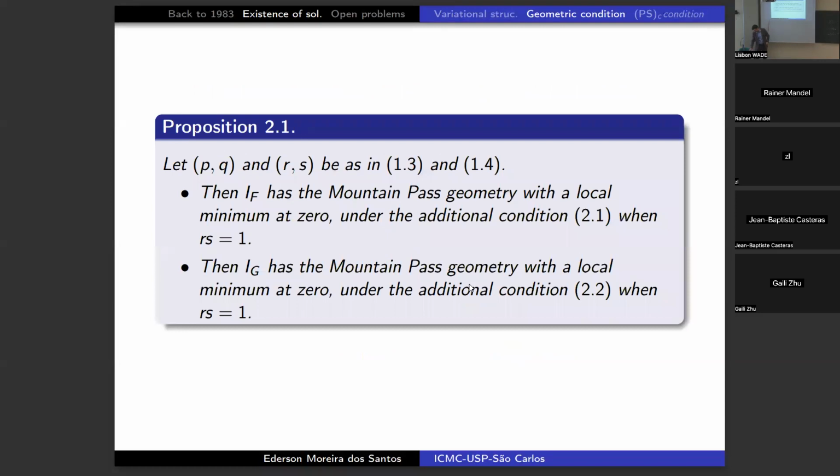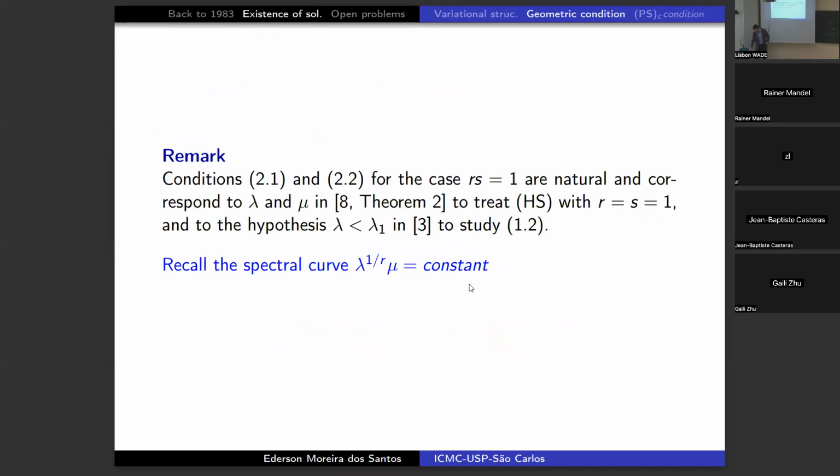And this is not only technical, it's sufficient, but it's also necessary. When we are above the first eigenvalue curve, you have no positive solution. Okay, so this is the spectral curve.